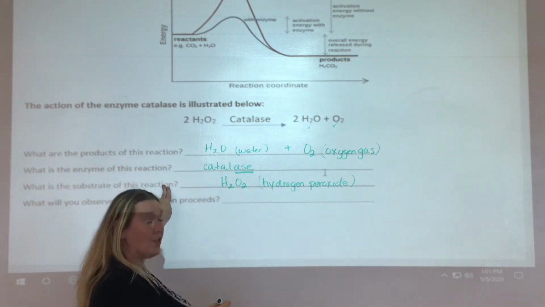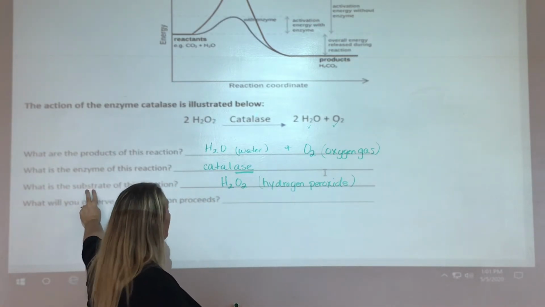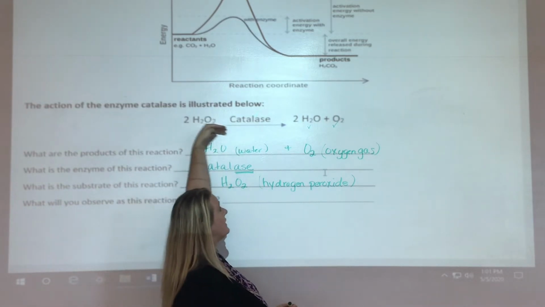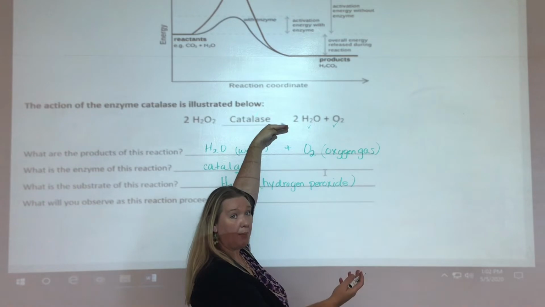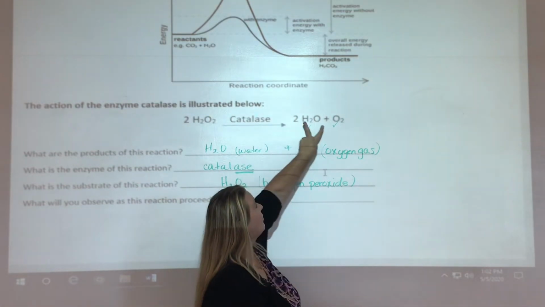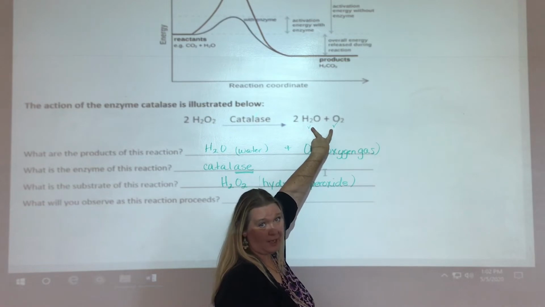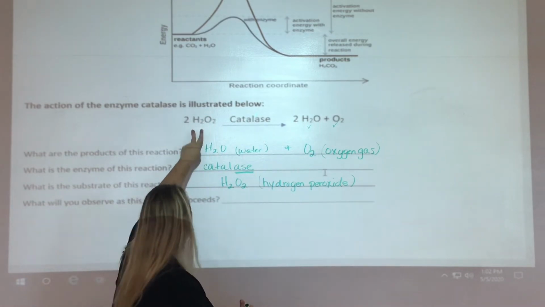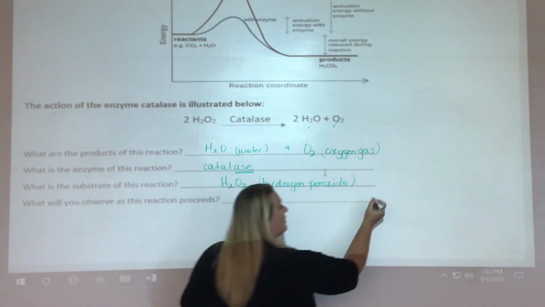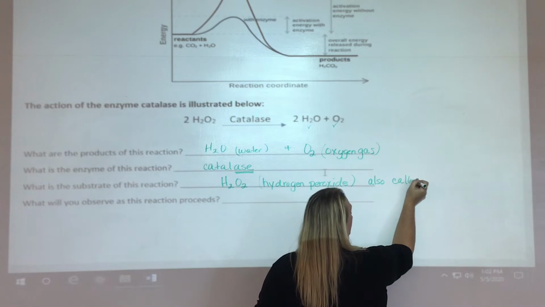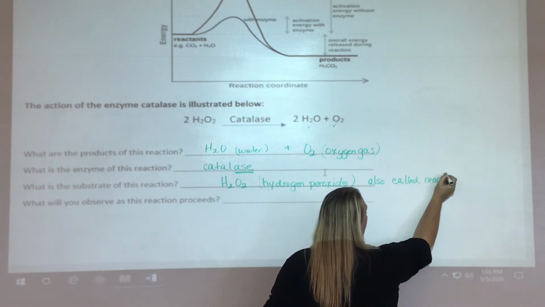Okay? If this was first, right, what substrate? The substrate is going to bind to the enzyme to facilitate and speed up, lower the activation energy of this reaction to break down that substrate. Substrate and reactants are the same thing. We can also say this is also called reactants.